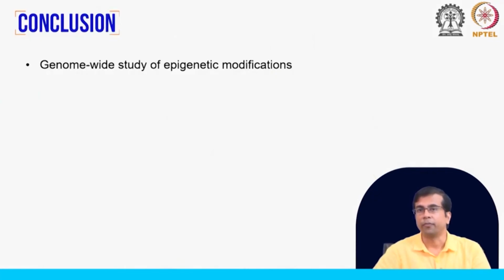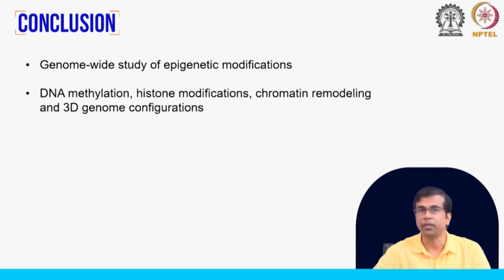To summarize, we have discussed the epigenome, which is the genome wide study of epigenetic modifications, and we have talked about different types of epigenetic modifications, including DNA methylation, histone modifications, chromatin remodeling and 3D genome configuration.